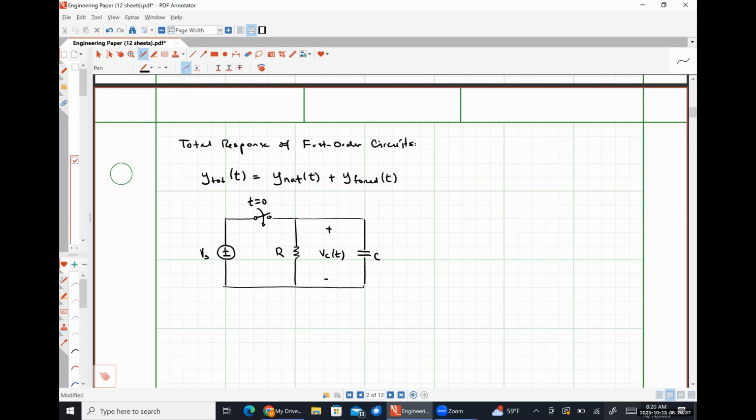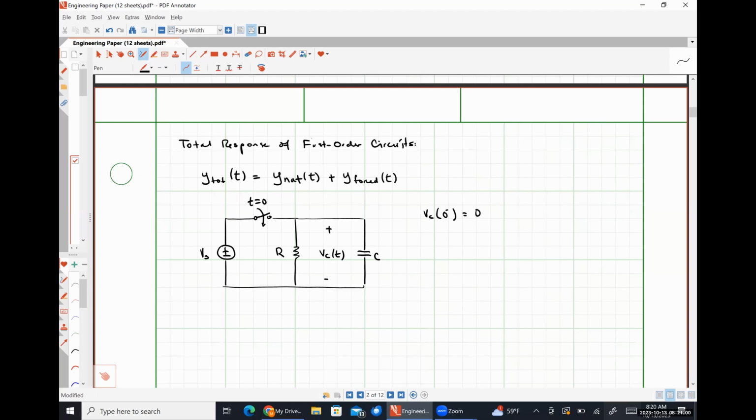So what would VC at 0 minus for this circuit be? 0, because the voltage source isn't connected to the capacitor, which means the capacitor can't have any voltage or any stored energy.